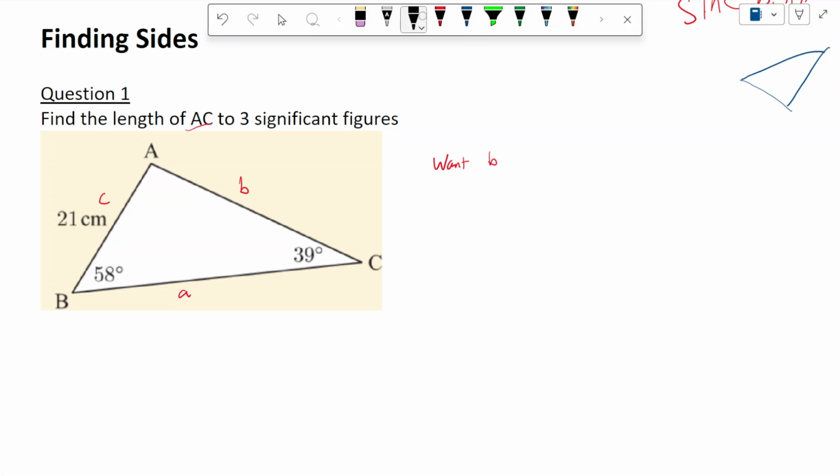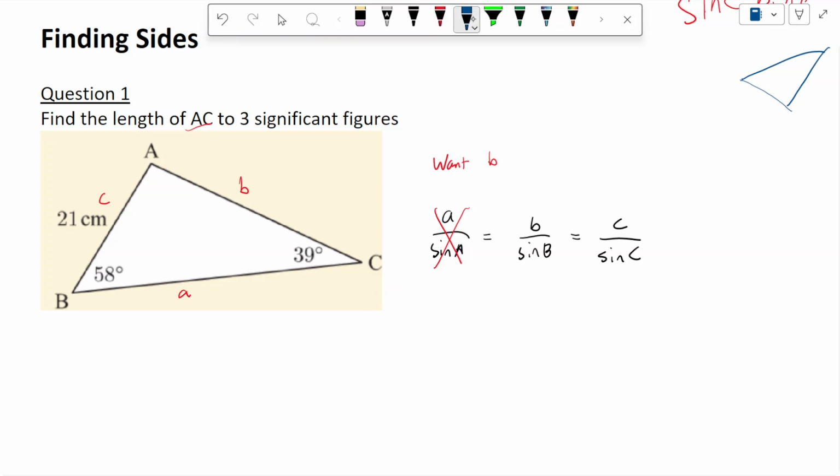So the sine rule normally looks like this: a over sine A equals b over sine B equals c over sine C. It looks a bit weird because it's got 2 equal signs. Because we don't care about A, we're getting rid of that bit of the sine rule, so we're just left with this thing.